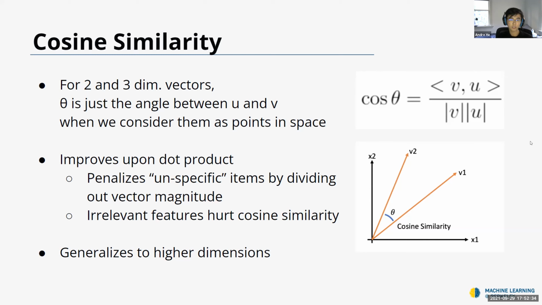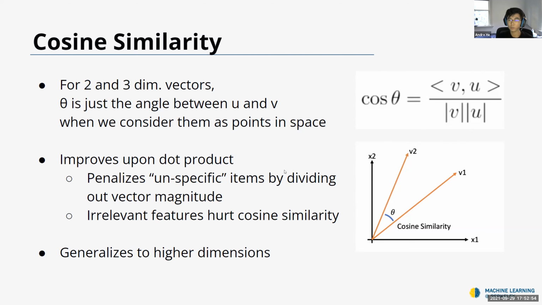Yeah, and the advantage of this is basically it penalizes vectors that are long and it penalizes vectors that are unspecific, in the sense that when they represent an app, they might span a lot of categories, but they don't specifically span the ones that you want.